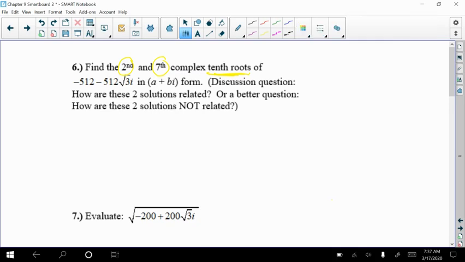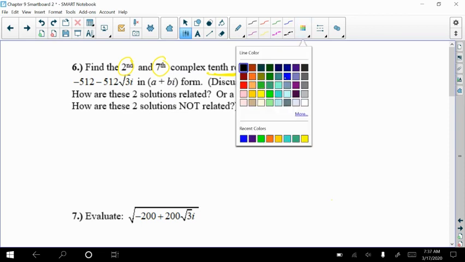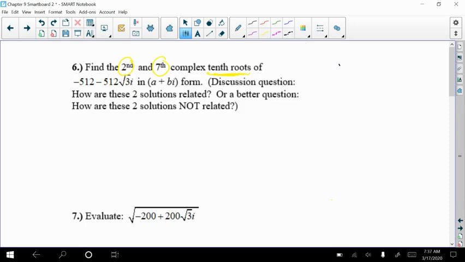And so it's looking for the 10th roots of this number here. So if I take that, okay, I want the 10th root. So instead of a square root, it's the 10th root of negative 512 minus 512 root 3i. That's one way we can interpret this question.